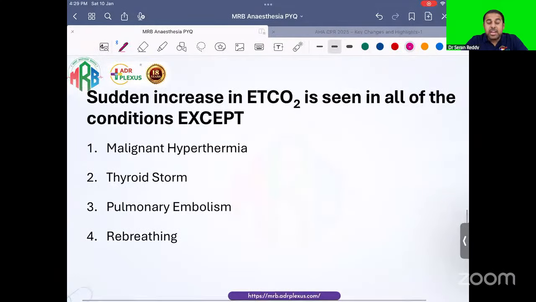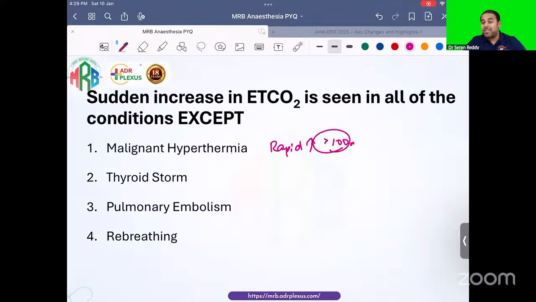Okay, then: sudden increase in EtCO2 is seen in all of the conditions except malignant hyperthermia, thyroid storm, pulmonary embolism, rebreathing. Choose the best option. Fantastic. Malignant hyperthermia, rapid increase. It may go up to more than 100 also.